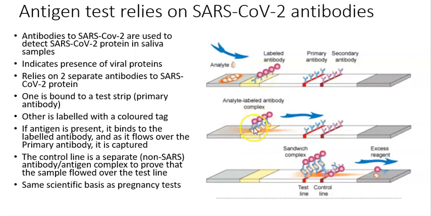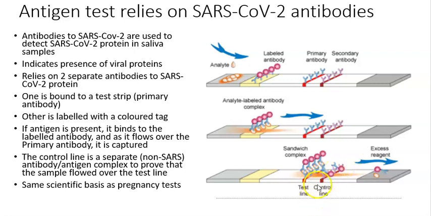So here we can see the virus protein bound to the labelled antibody flowing along, and then it's going to come into contact with this antibody which also recognises this viral protein, and all three stick together. The immobilised antibody that stuck to the test strip, the viral protein, and the labelled antibody that detects the viral protein. And this gives a coloured line on the test strip, very much like a pregnancy test.